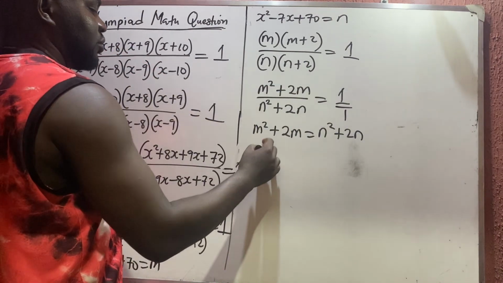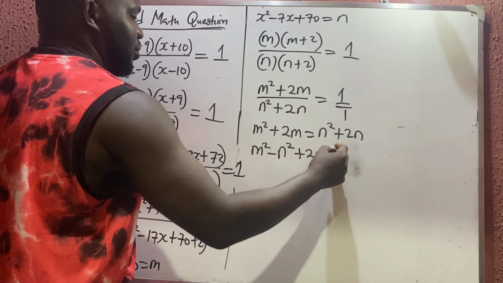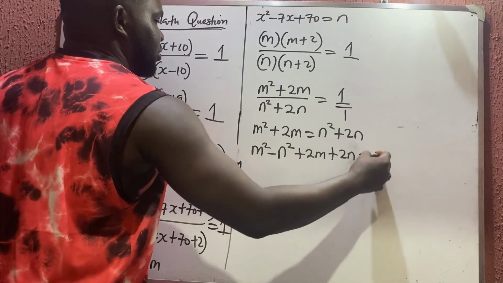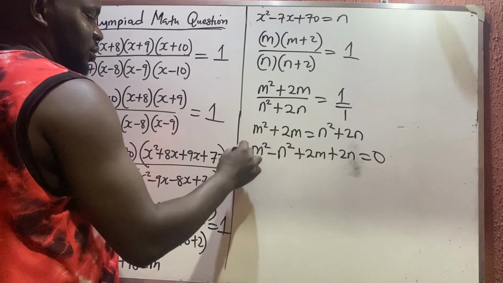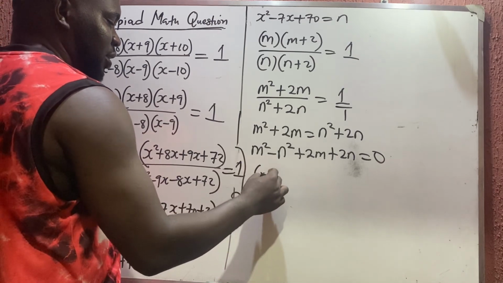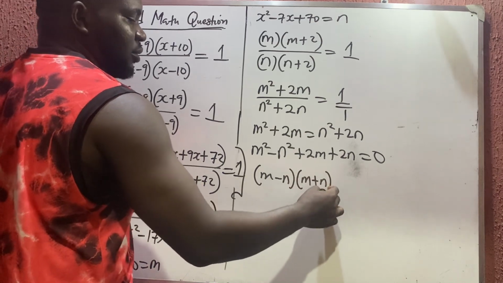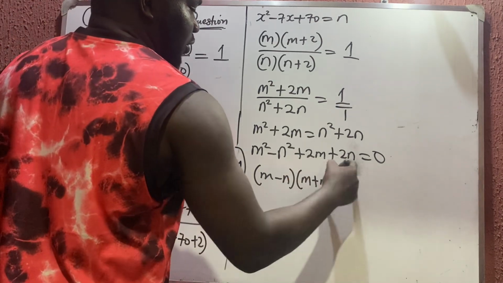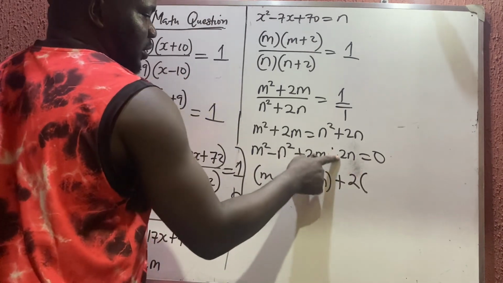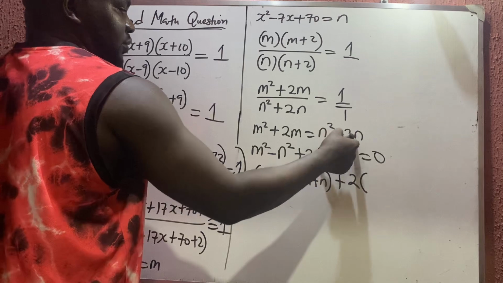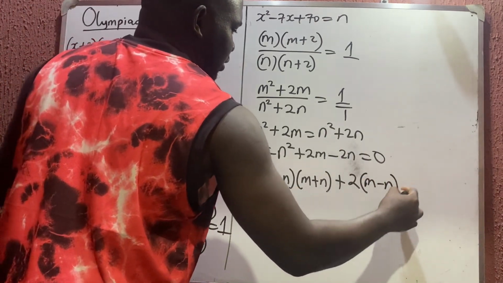I'm going to have m squared minus n squared plus 2m minus 2n is equal to 0. If you look at these two, they are a difference of two squares. So this means (m minus n) into (m plus n), then plus, factor this out, I'm going to have 2 in bracket of m minus n is equal to 0.